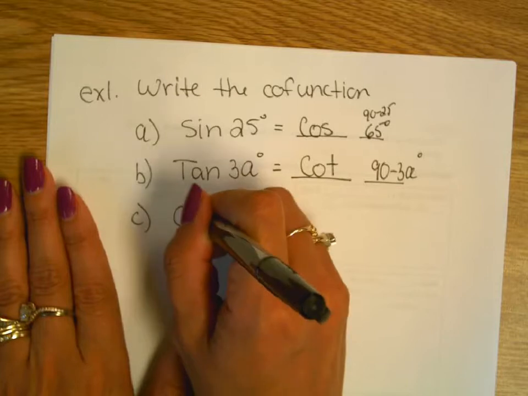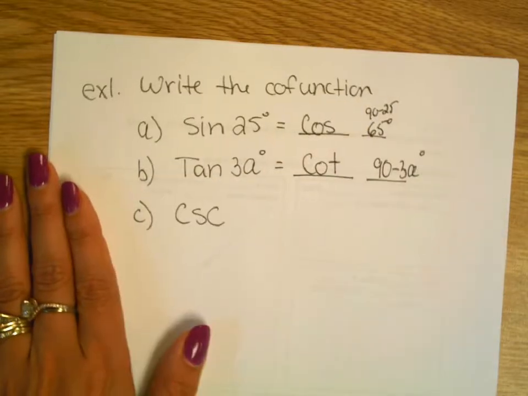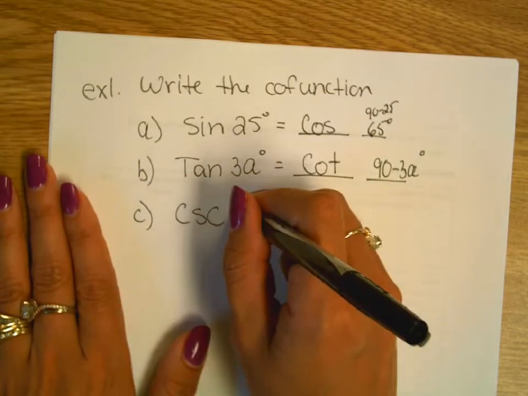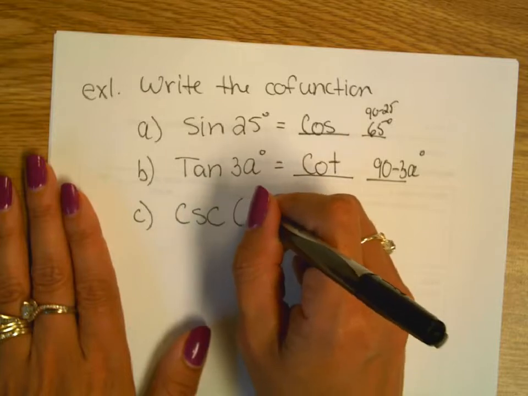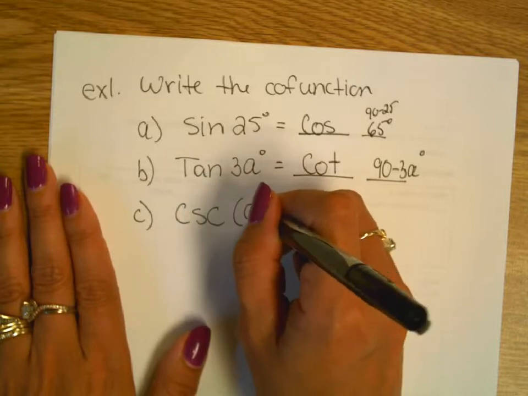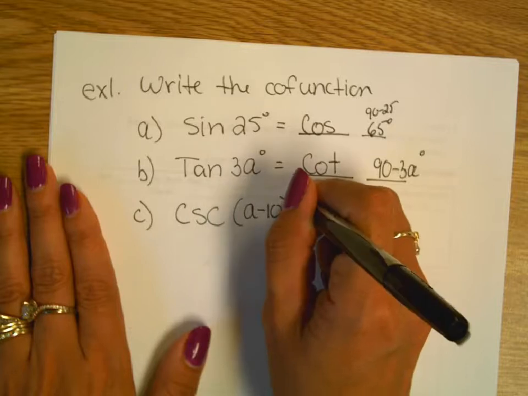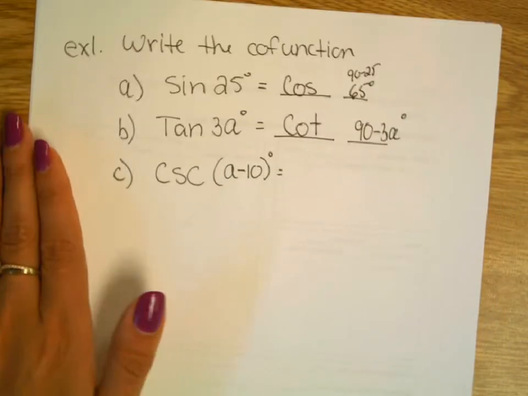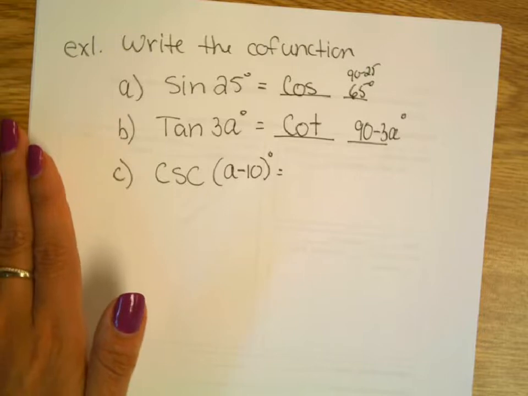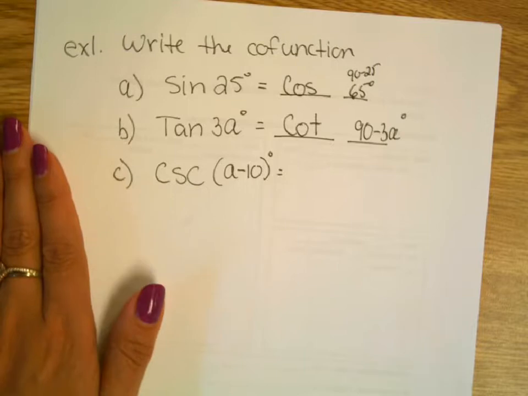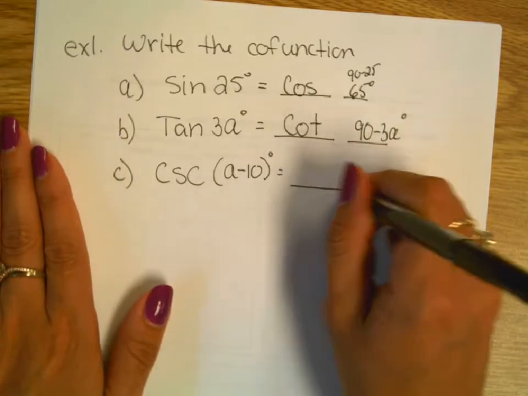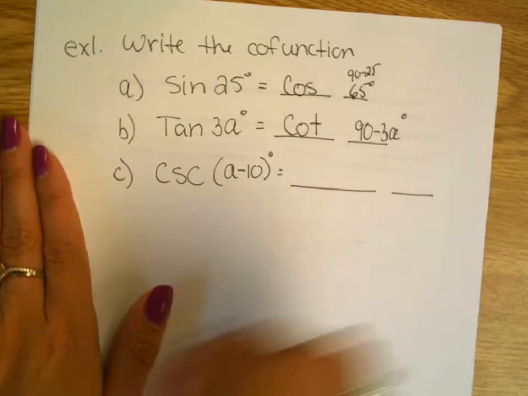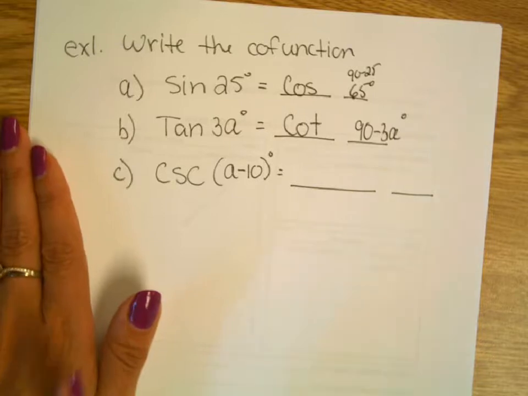How about, what is going to be the cofunction for cosecant of a minus 10 degrees? So we need a function and an angle. Cofunctions.